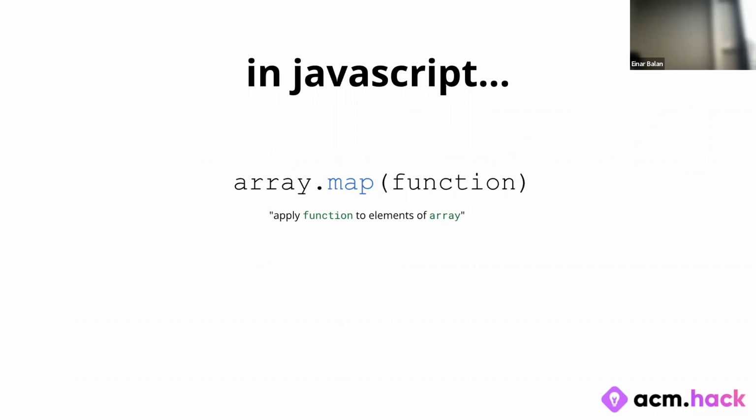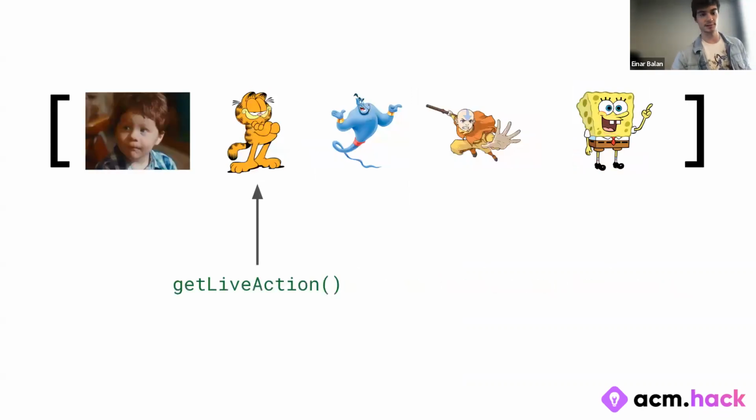Not quite. So what it does, it's basically the same as if we were to use a for loop, right? And call that function, the get live action function, on each element, and then create a new array from that, right? So the get live action function, all it does, as you can see here, it just takes some cartoon character and then converts them to the live action version, right?